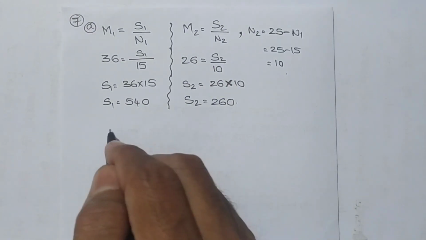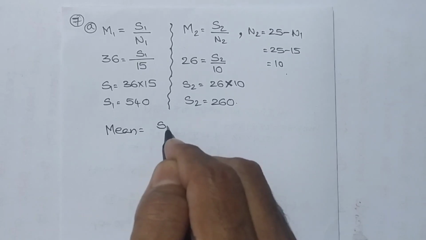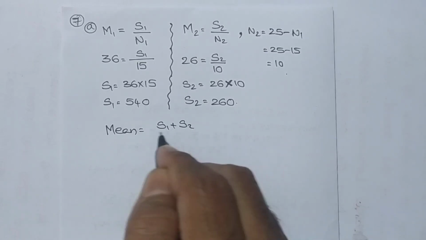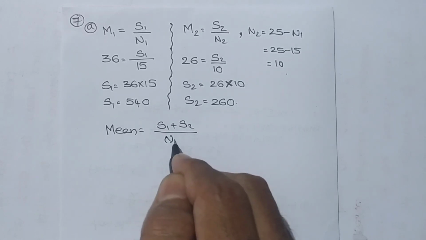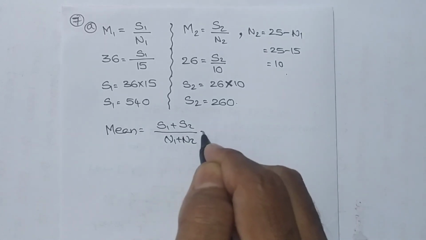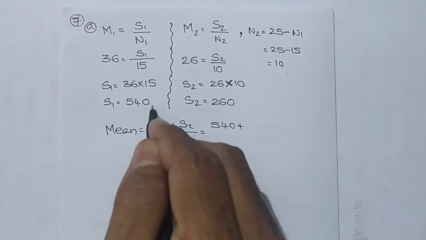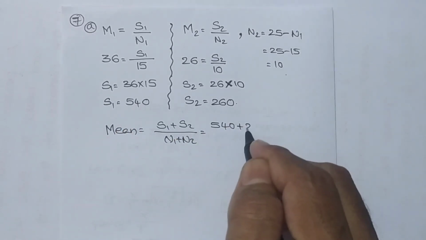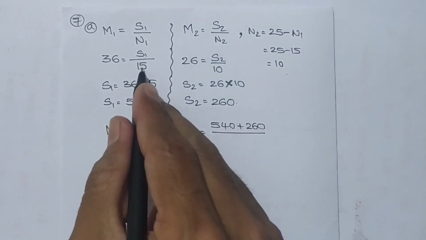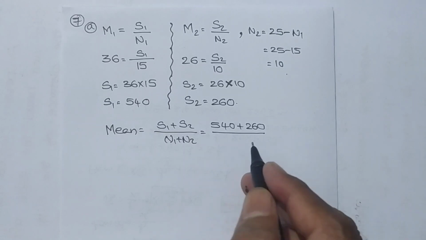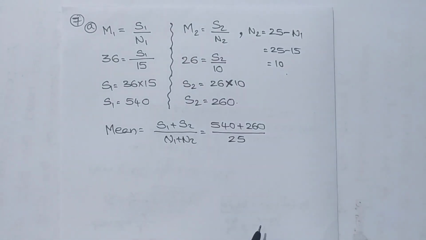Now the required mean is sum of all numbers by the total number of numbers. That means here let us write the values. From the first case we got 540 as this sum and 260 as this sum in the second case, and total number is here 15, here 10, total is 25, or you can see in the question total 25 numbers is mentioned.